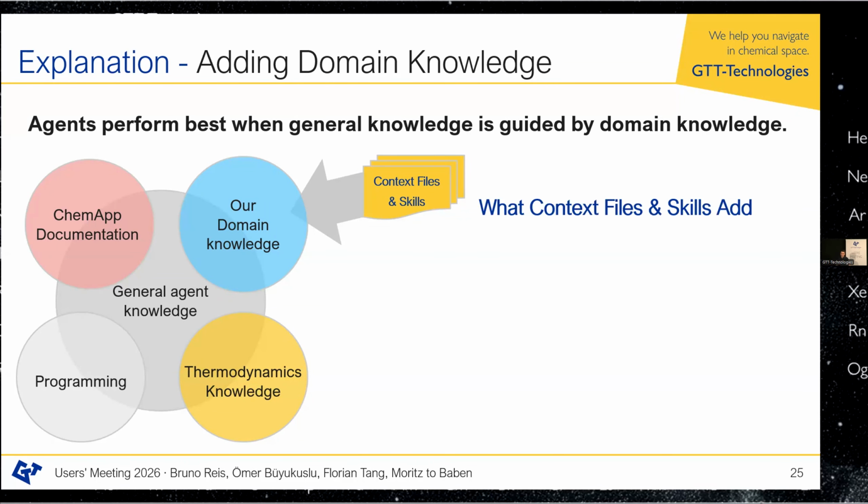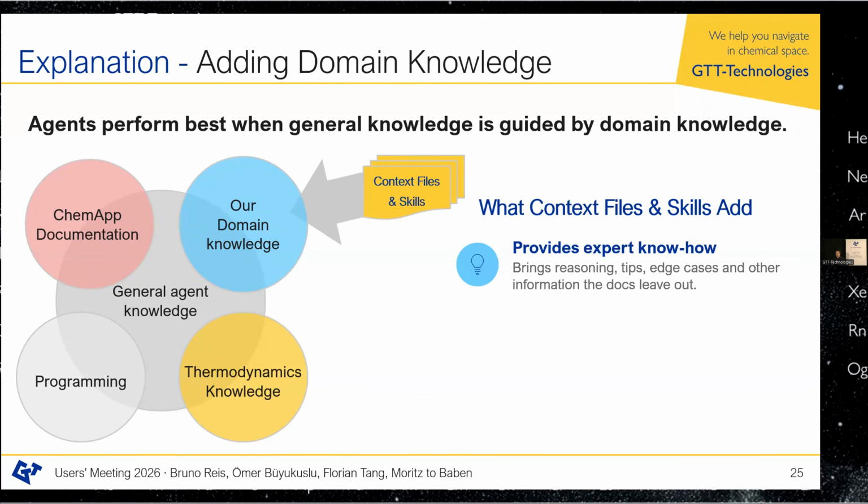So what type of value do these context files add? They provide expert know-how. As I said, it is as if you could speak to an expert at GTT about a thermodynamic calculation. It's not only a point equilibrium that Bruno showed, and later we showed a map. But what if we go even more complex to define a process metallurgy?